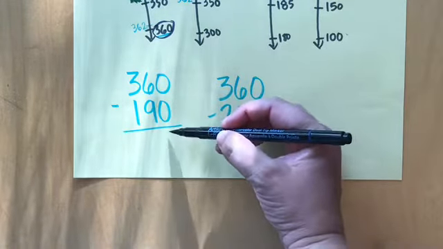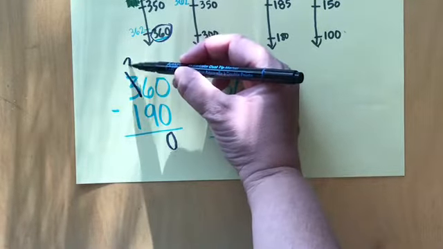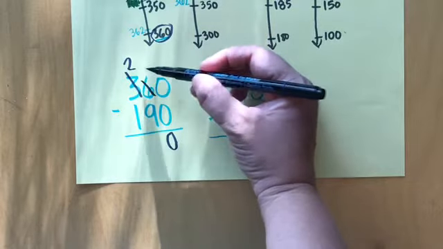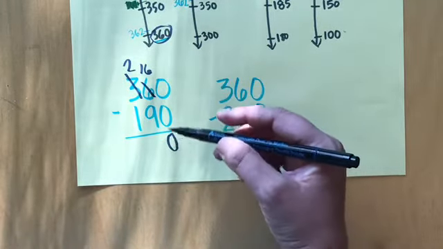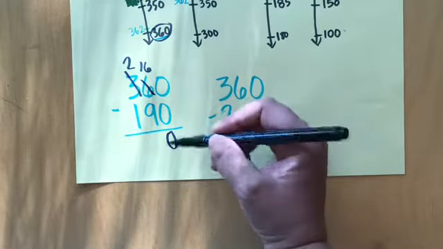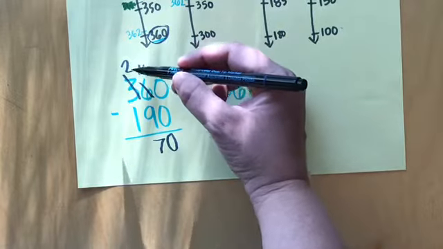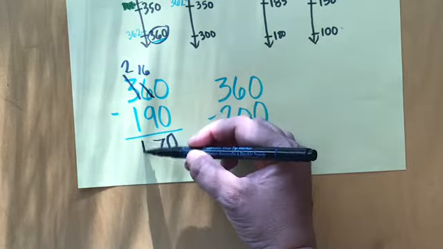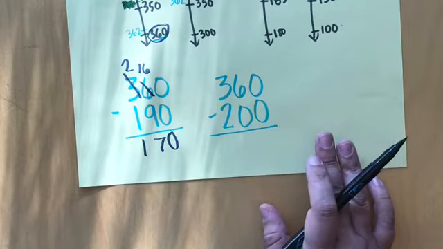So 0 take away 0 is 0. 6 take away 9, can't do it. So we have to borrow from the hundreds. So now we have 16 ones take away 9 ones, which would be 7. So we have 7 tens, and 2 hundreds take away 1 hundred is 100. So this answer would be 170.